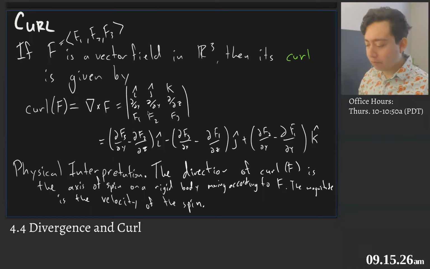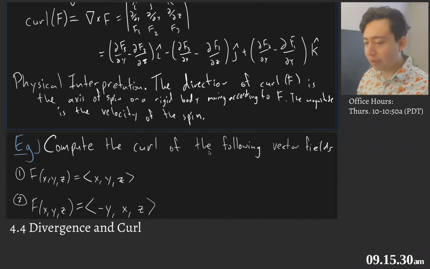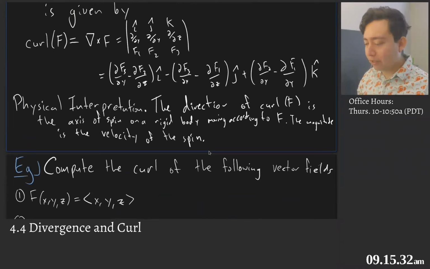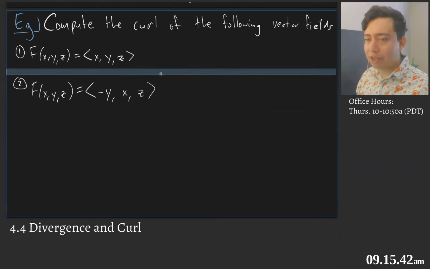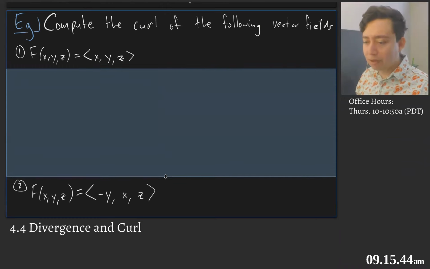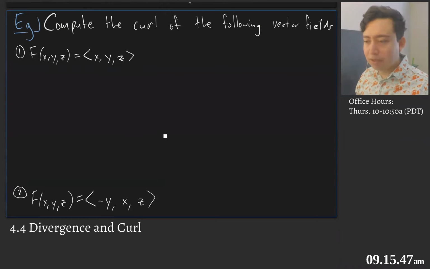Okay. Cool. I think I have some examples here that we can do. So let's start by just taking the curl of a couple of vector fields here. And I think this is going to put us at time, and we'll finish up tomorrow with more examples.